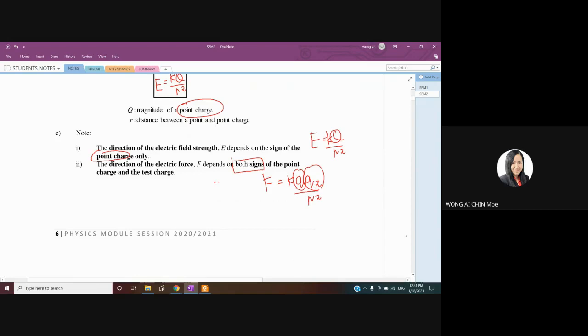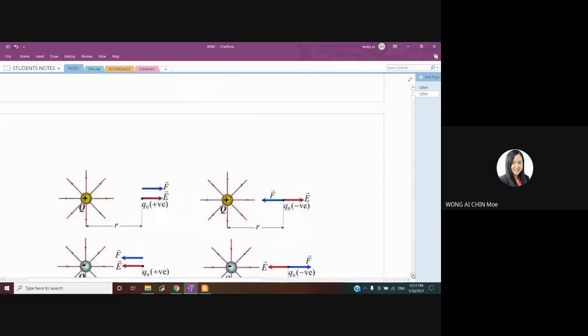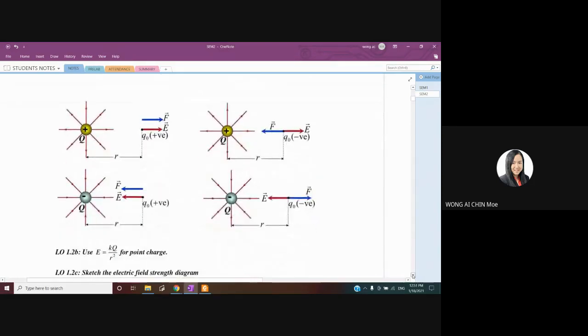So we look at the diagram on the next page. Remember, E will always refer to the point charge, but F must refer to both, meaning you must refer to the point charge and also the test charge.